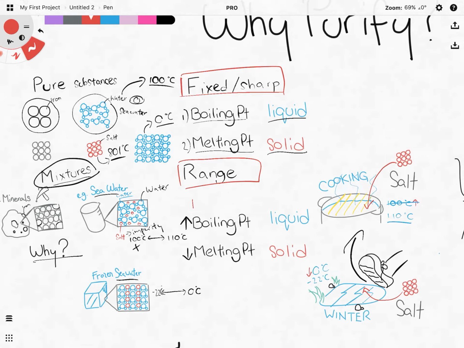You also need to know how impurities affect the melting point and boiling point. If I have more impurities inside a liquid, it will increase the boiling point. If I have more impurities inside a solid, it will decrease the melting point. And I've given you some examples in real life of when this might be useful.